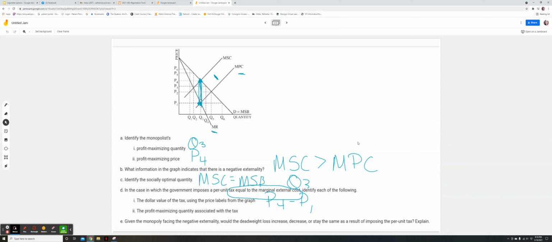Now, the profit maximizing quantity. This is the part that stumped me and I had to go to Facebook for. I'm going to erase this for a second so you can see things a little better, but let me explain what I found out. Again, it makes sense when you think about it this way. We're going to tax the amount represented by the vertical distance between these two curves. What that's going to do is shift the marginal private cost curve, the marginal cost curve, over to where the marginal social cost curve currently is.